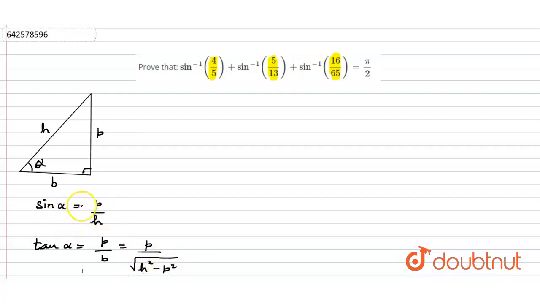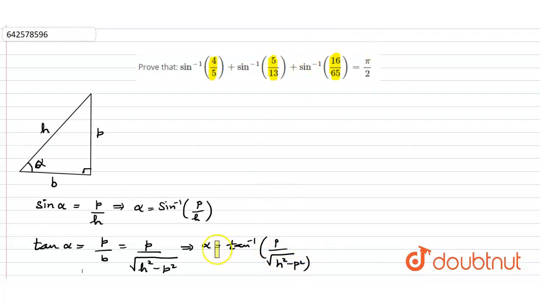So alpha from the first equation will come out as sine inverse of p by h, and alpha from here can be given as tan inverse of perpendicular over root over h square minus p square. So sine inverse of perpendicular upon hypotenuse is the same as tan inverse of perpendicular upon root over hypotenuse square minus perpendicular square.